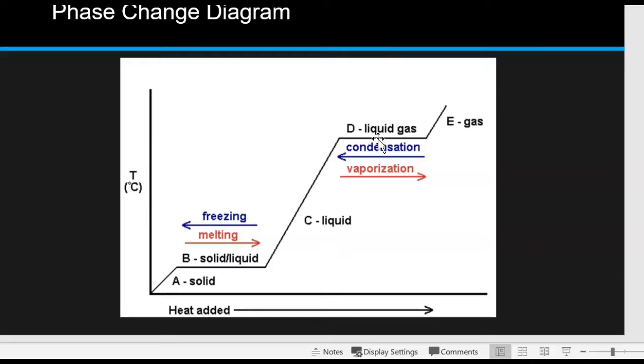So hopefully that helps answer number 3. Label the melting point and boiling point on the graph. Hopefully that starts to make sense a little bit. You get to see a little bit of what each graph looks like for different points.